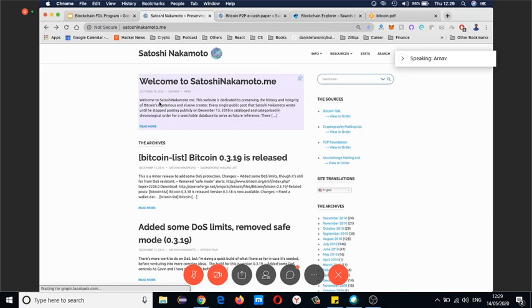My guess, and what most people believe, is that it might be Hal Finney. He is a cryptographer and a developer, and he was the first person that Satoshi sent a transaction to. He actually had a disease that paralyzed him.